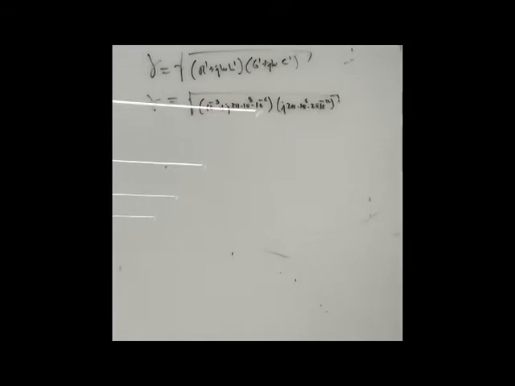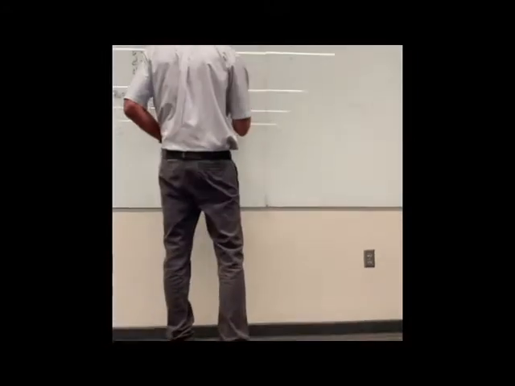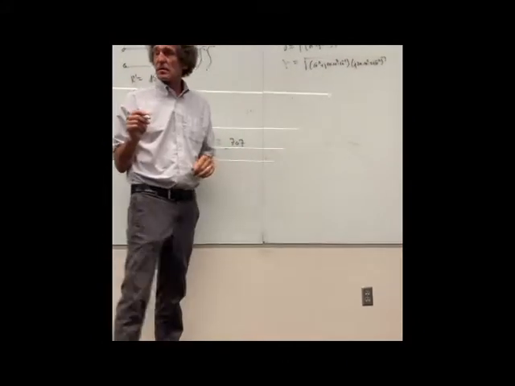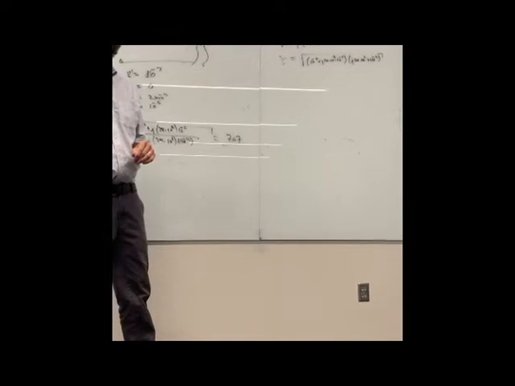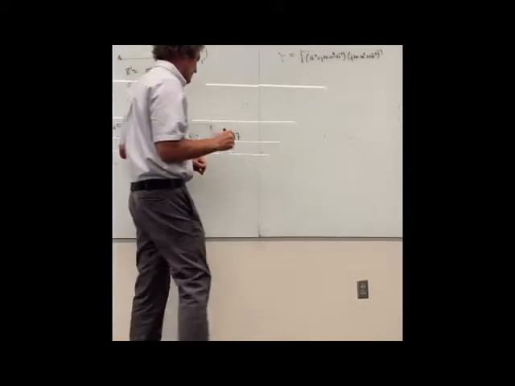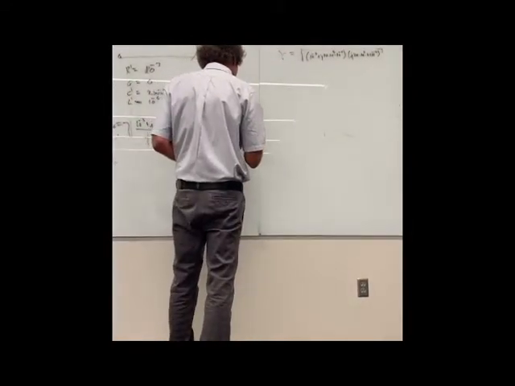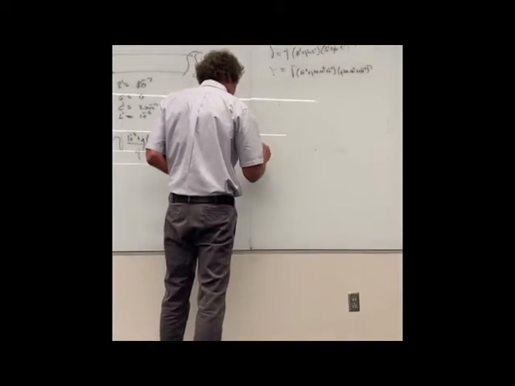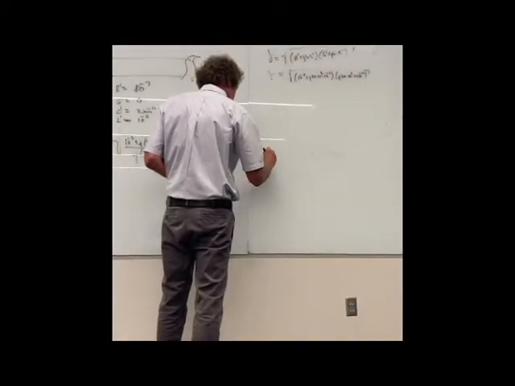So what did you get for Z naught? 707.107 minus J 5.6 times 10 to the negative 4.